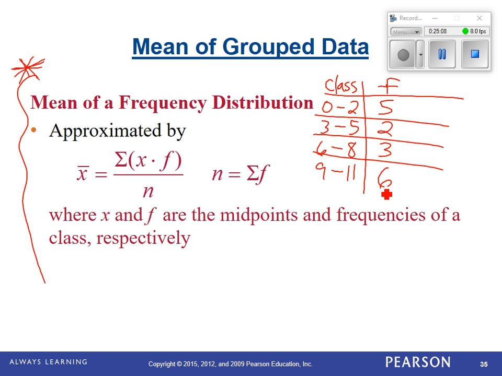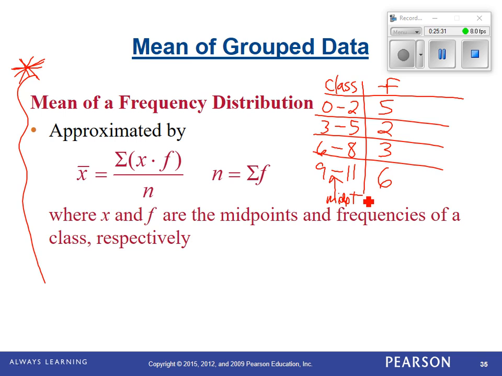All you're going to do with this, don't make this harder than it is. You're going to find the midpoint. Where X and F are the midpoints and frequencies. So you're going to find X, which is the midpoint of each of these.